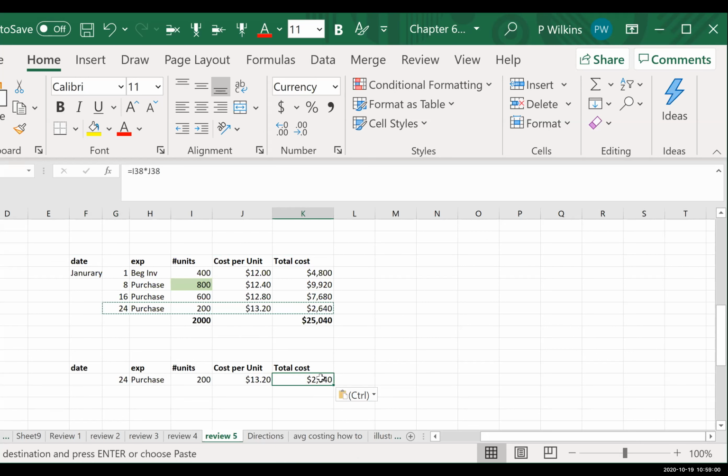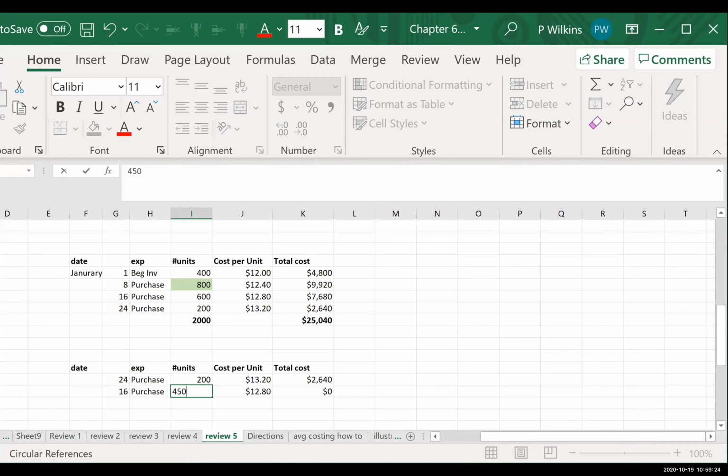Okay, so how much more do we need to get to 650? We need 450 units more. So we're going to go to the next line above, on January 16th. We see there's a total of 600 units there, but we don't need all 600 units. We only need 450 units from there, so we take 450 units at $12.80 each for a total of $57.60.